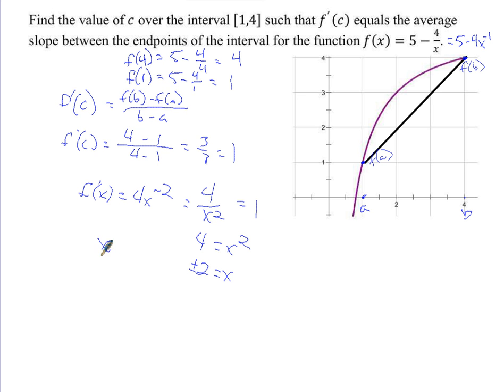So then my answer is x equals 2. And if we look at x equals 2, it does seem like if I move that up there, then it would wind up with a tangent line.